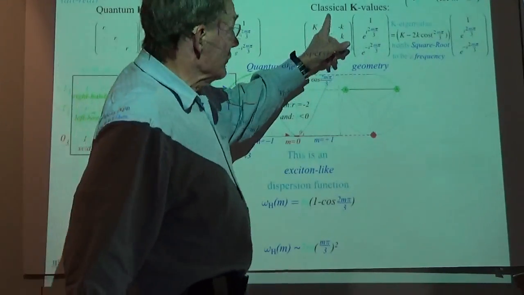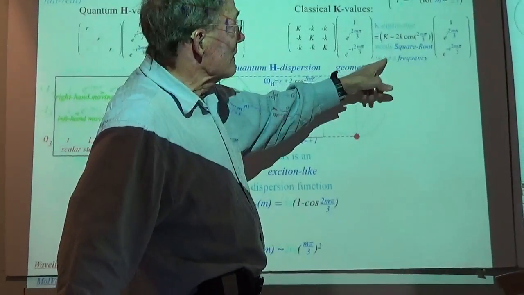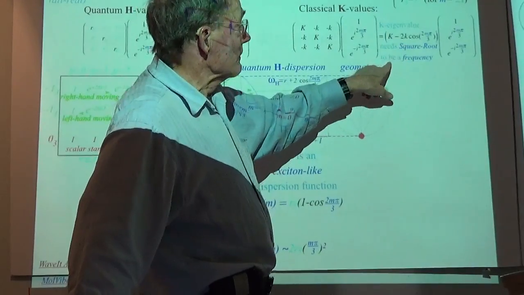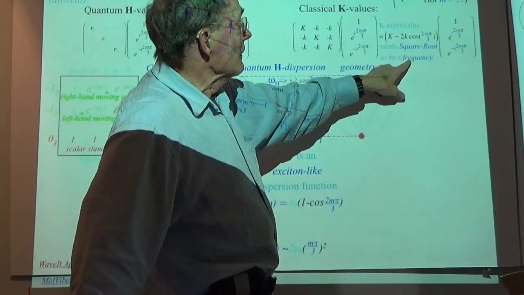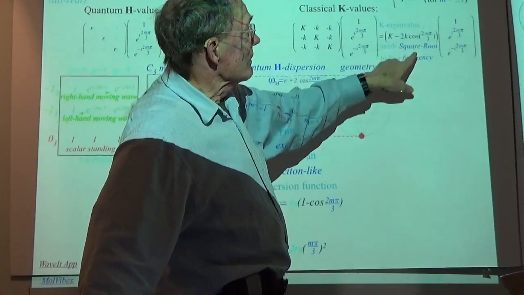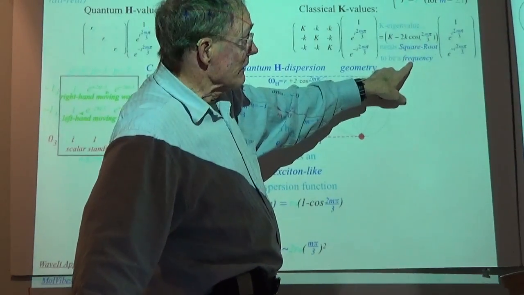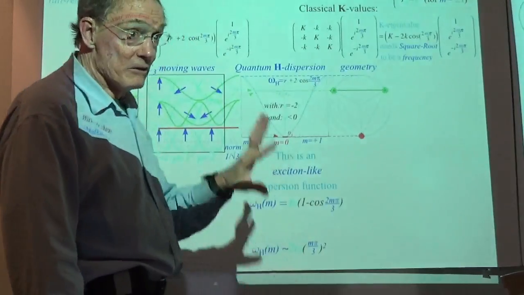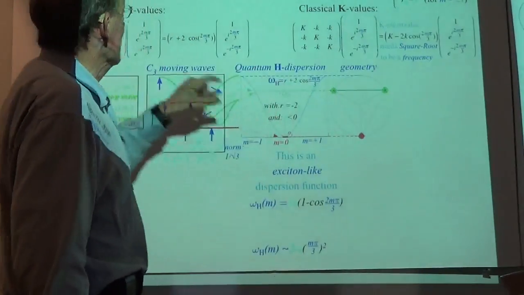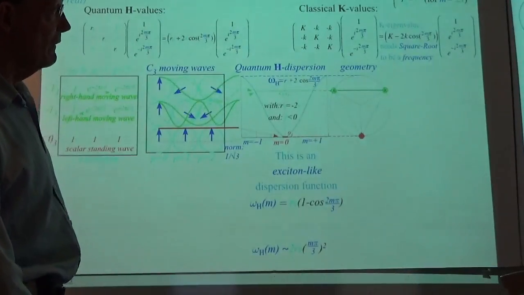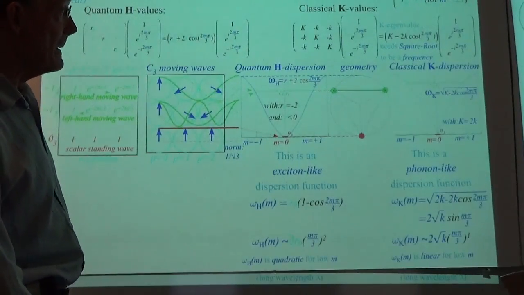For classical k values, we need the square root of the k eigenvalue. We need the square root of this to be a frequency. Remember that? That was the little dichotomy we had between k classical and quantum Hamiltonian, square root, okay?